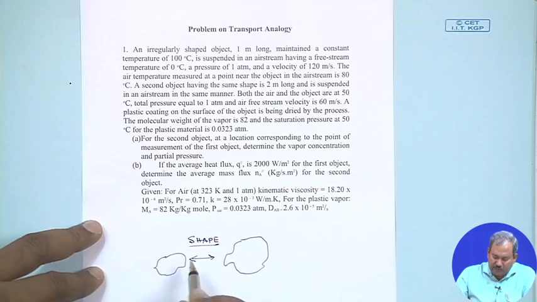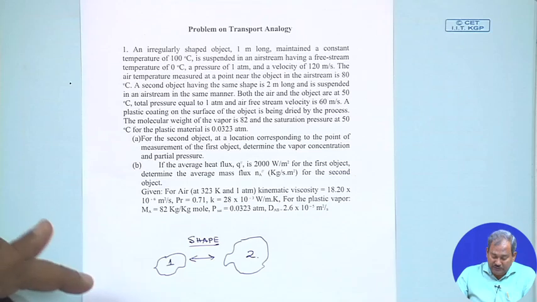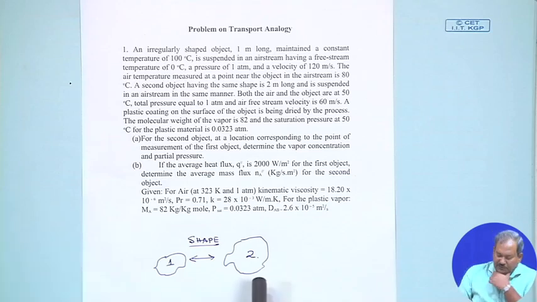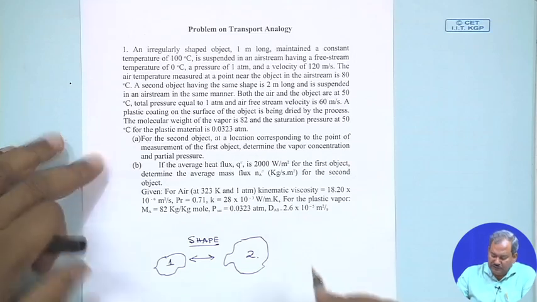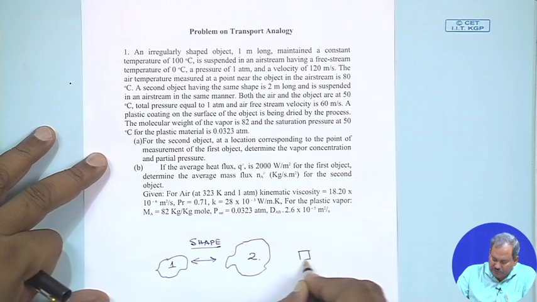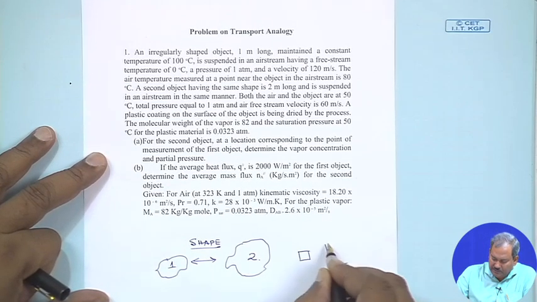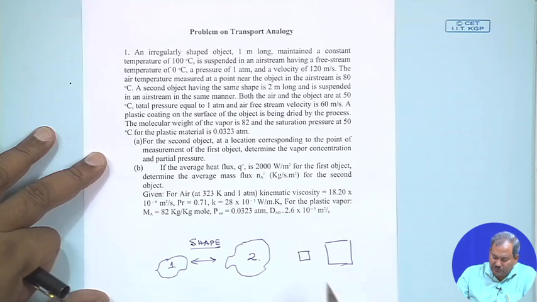Whatever be its shape, there is just a conversion factor, a scale factor by which you have increased it. So, this is object 1 and this is object 2, and you have simply made the size of the object a few times larger than that of object 1 while keeping the shape intact. So, if the shape was just a square, you simply made it a bigger square.